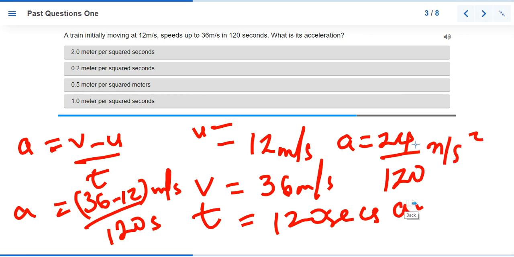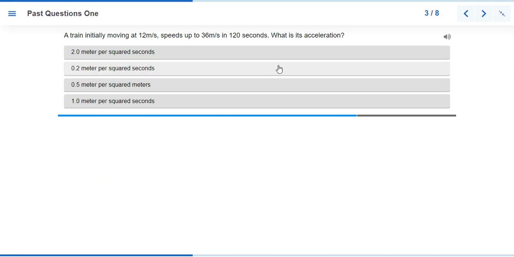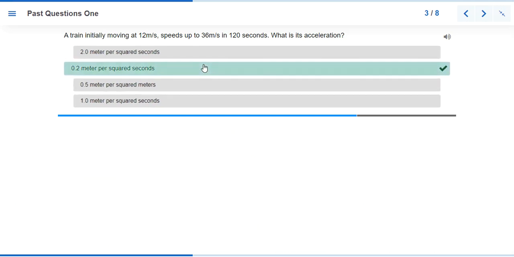That gives us 1 over 5, and that is 0.2 meters per second squared. Do we have it as our option? All right, let's check. Correct.